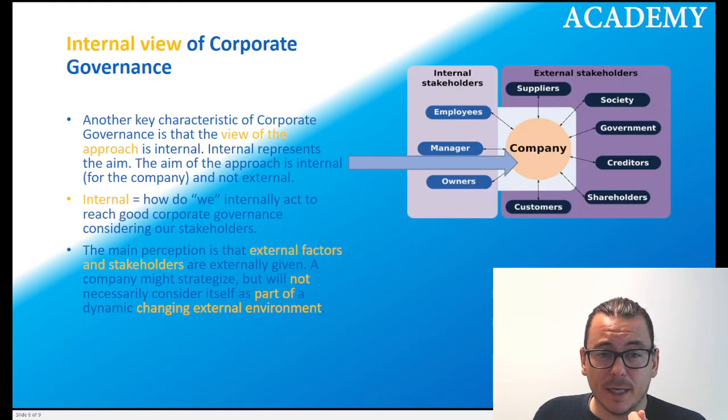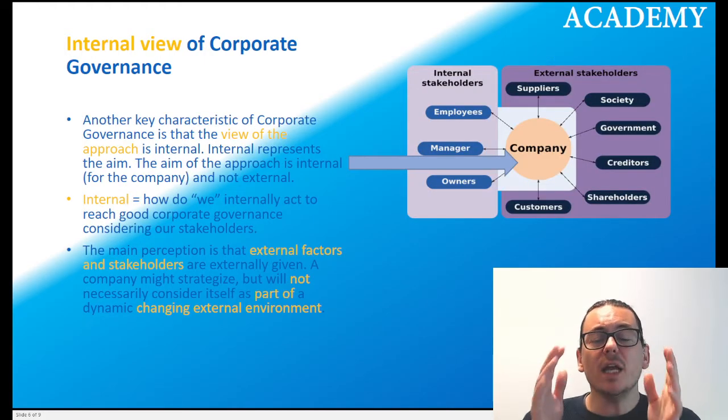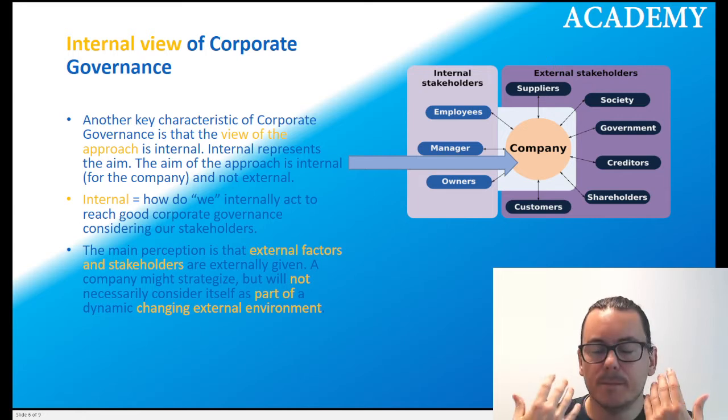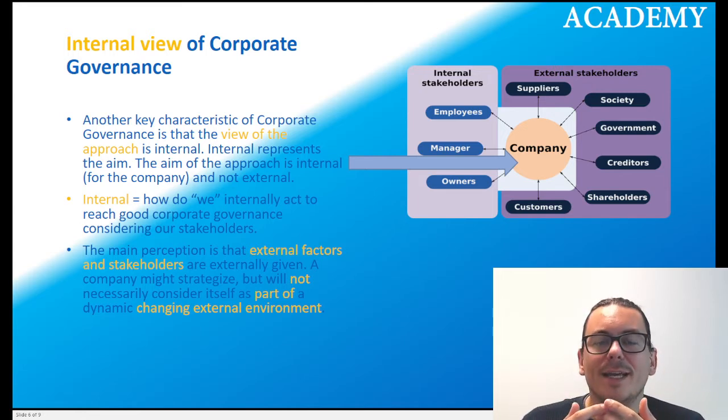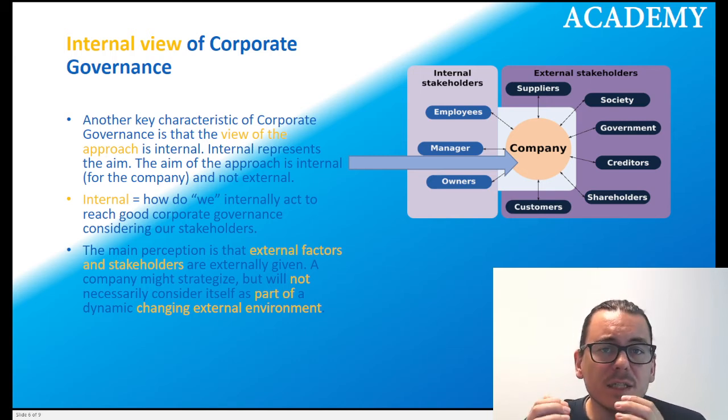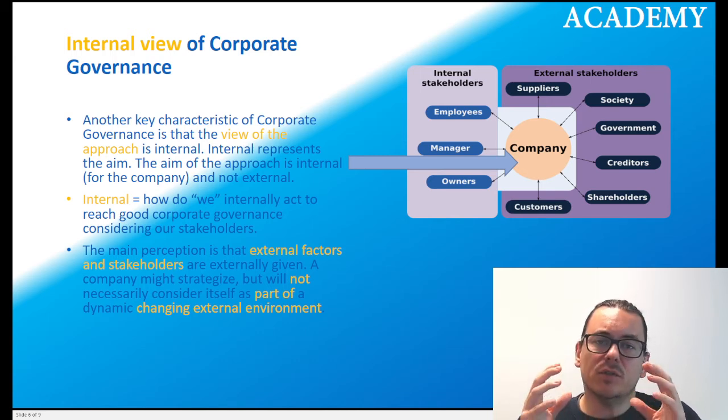So what do I mean by that? If we take on corporate governance, the view or the approach that you take in terms of making your good governance is defined as being internal. So internal refers to the aim and the gain. So who's gaining? Whose objectives are we trying to enforce?